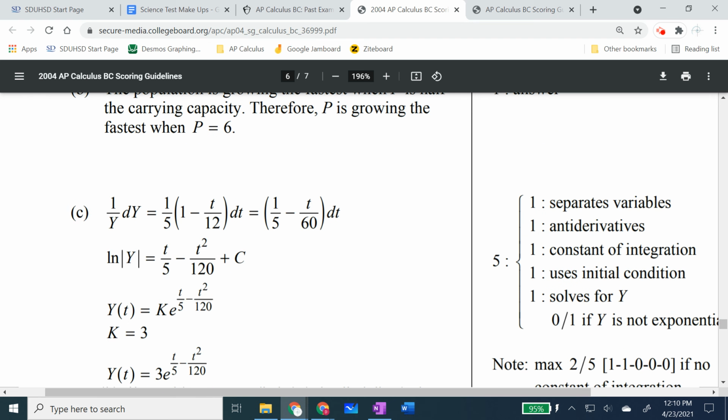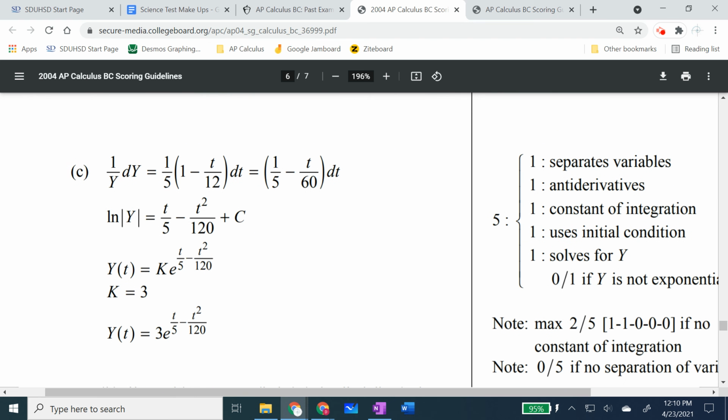And the steps are always an issue of: separate your variables, do the antiderivatives, don't forget a plus C. Then use the initial condition, whatever point they give you, to find your unknown constant. Now you can find your unknown constant right away, or you can isolate y and play around with the unknown constant, make it change.